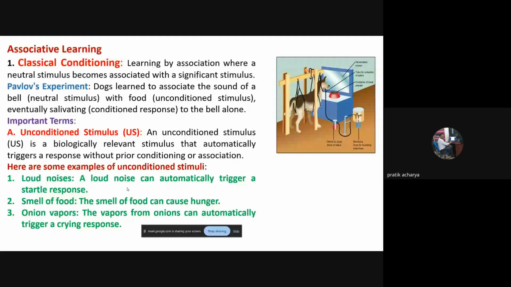You may dance or not, that is different, but it starts a triggering action within your body. That is known as an unconditioned stimulus.